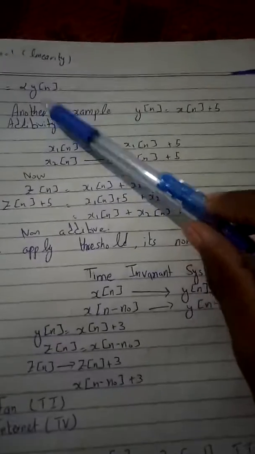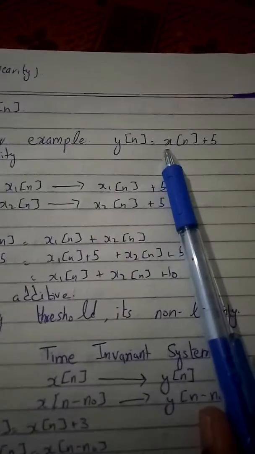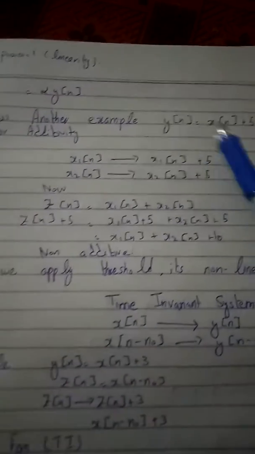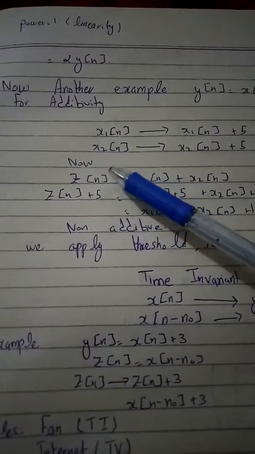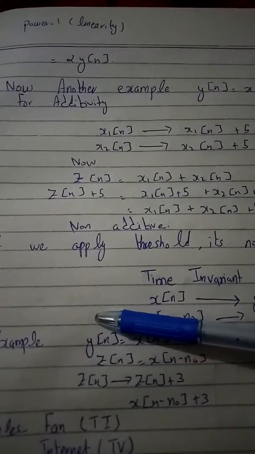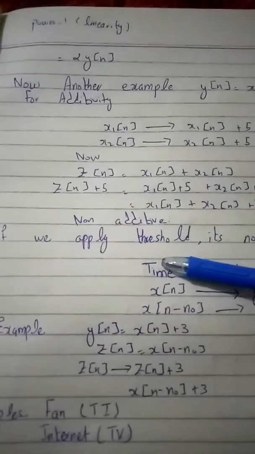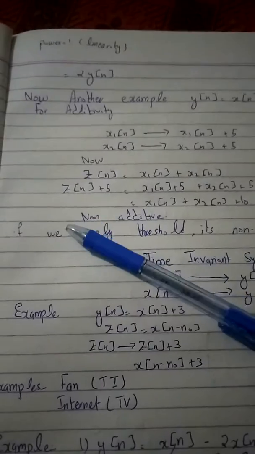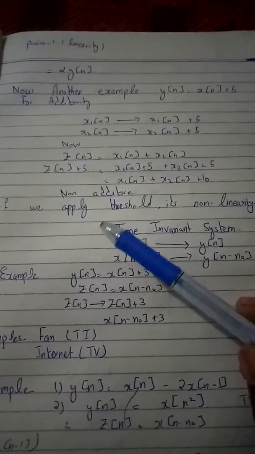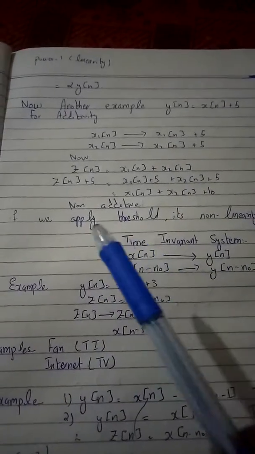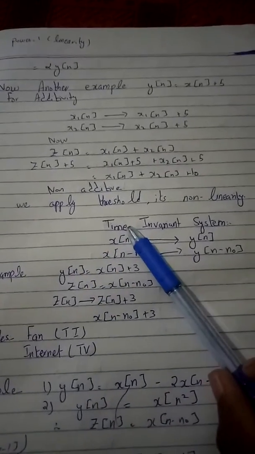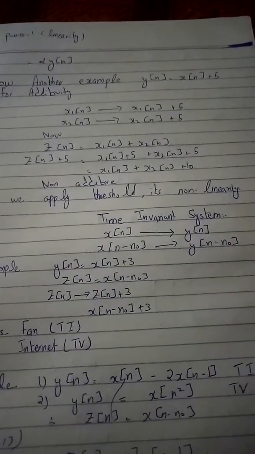Now consider another example which is given here: x of n plus 5. First of all, we check whether it's additive or not, and then we check homogeneity. First of all, we have shown that it's not additive, so it's a non-linear system. Now one thing to remember is that if we apply a threshold, it simply means it's a non-linear system.